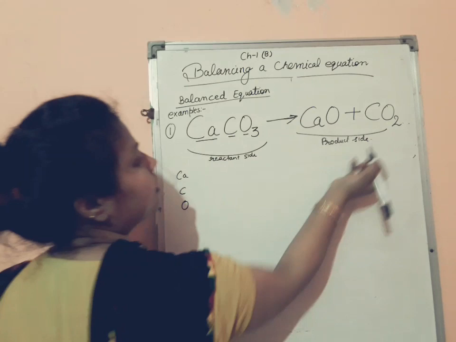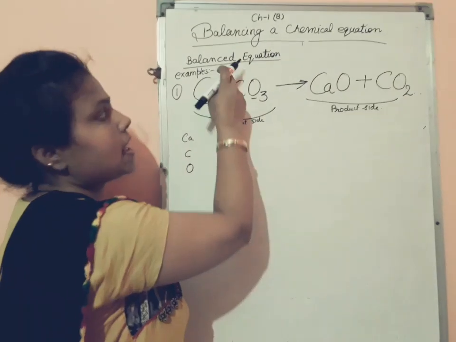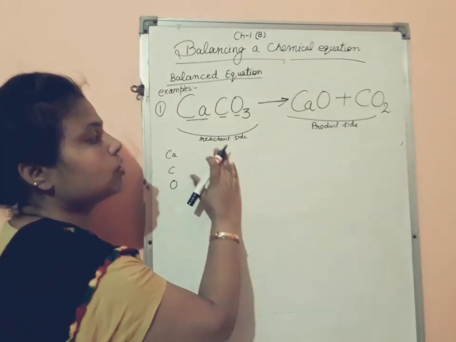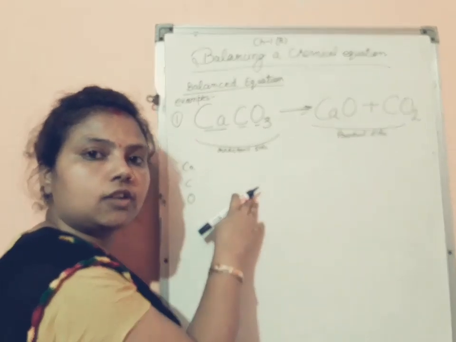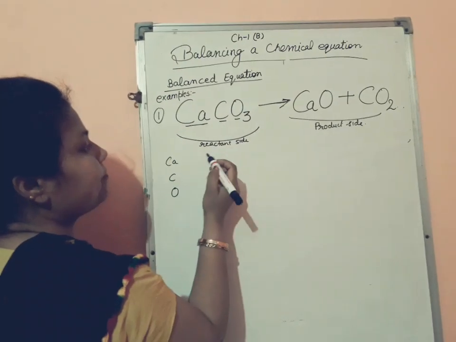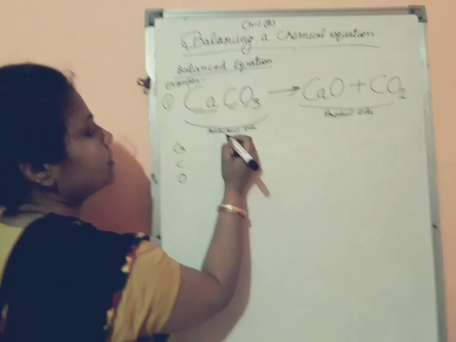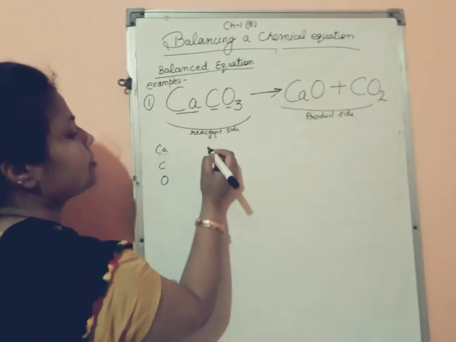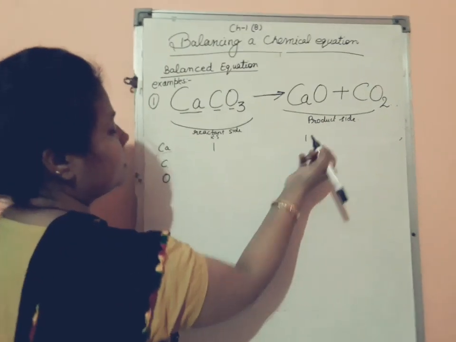Now we will check whether the number of atoms is equal or not. If they are equal, then it is a balanced equation, and if the number of atoms on the reactant side and product side are not equal, then it is called an unbalanced chemical equation. In this case, on the reactant side, how many calcium are there? On the reactant side, calcium is 1, and on the product side, calcium is 1.